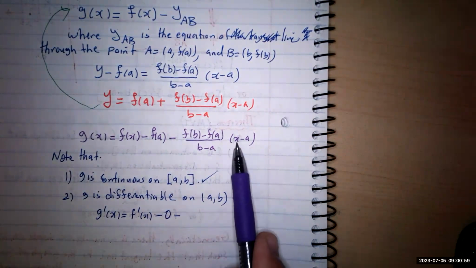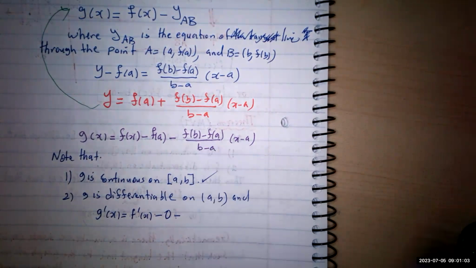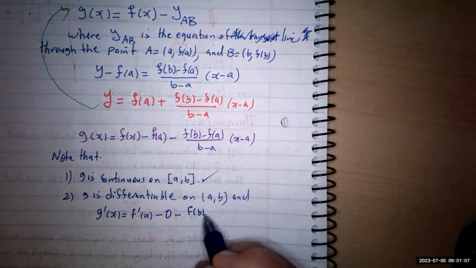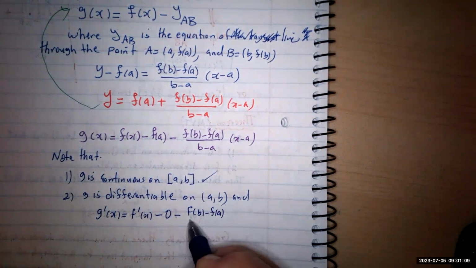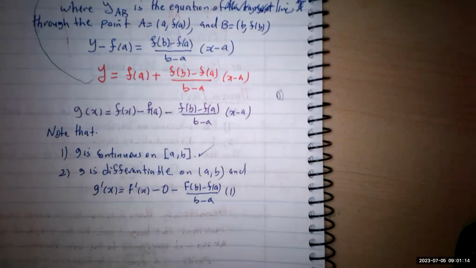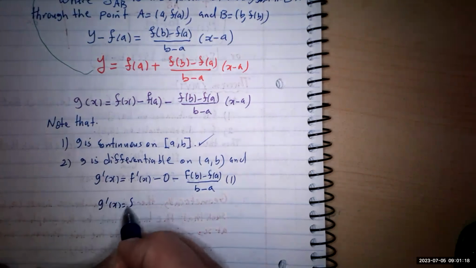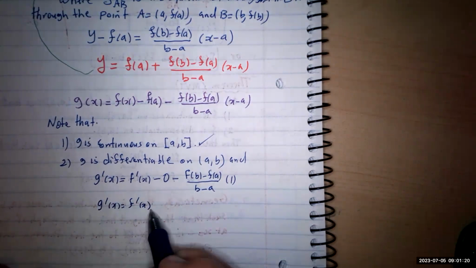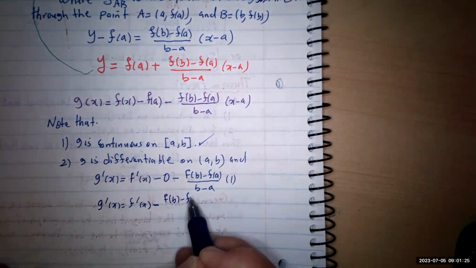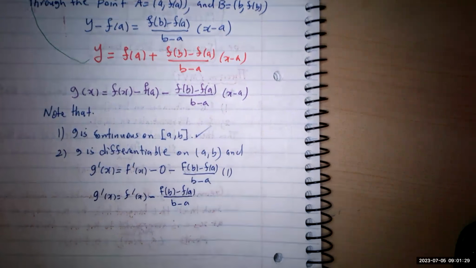The derivative of x minus a is just 1, and the rest is just a number. So it's going to be minus f of b minus f of a over b minus a times a number. So g prime of x is f prime of x minus f of b minus f of a over b minus a. That's g prime.